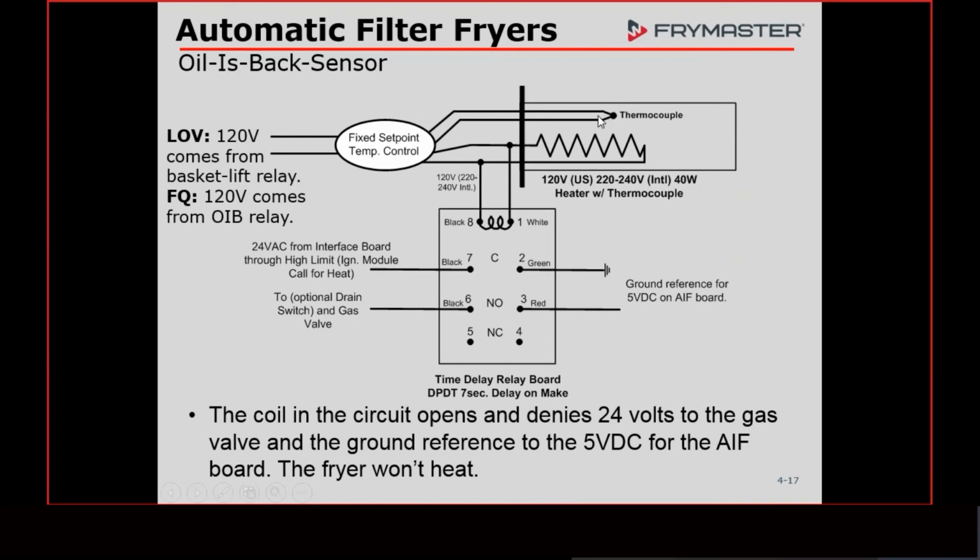This thermocouple here is going to send a signal back, just like a Garland grill or a Merco cabinet or whatever. It's going to send a small amount of voltage back here that is produced because it's heated up by this heater.